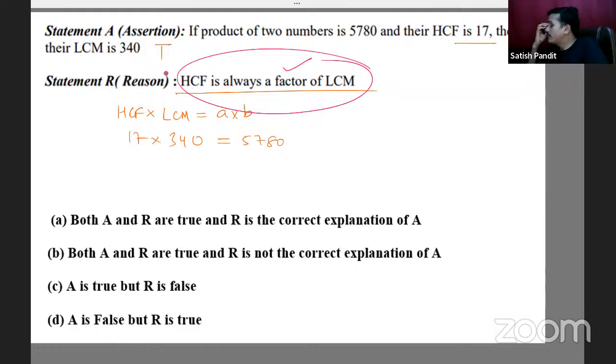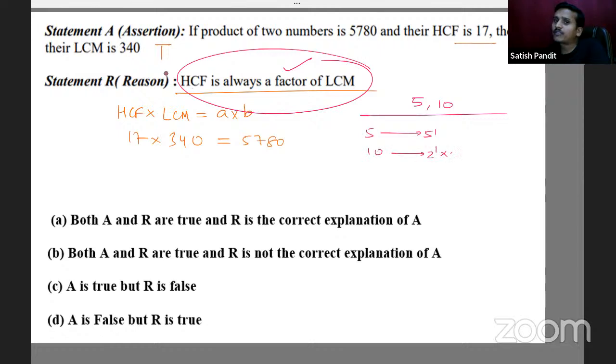We have learned that HCF is the largest number which divides a given number. Now, suppose I have numbers 5 and 10. 5 you can write as 5 to the power 1 and 10 I can write as 2 to the power 1 and 5 to the power 1.